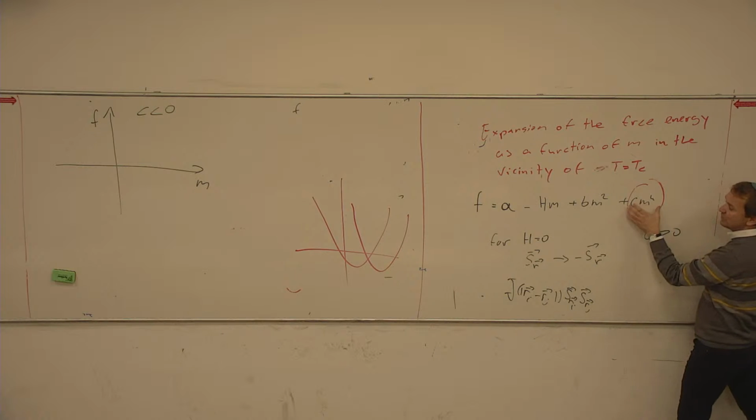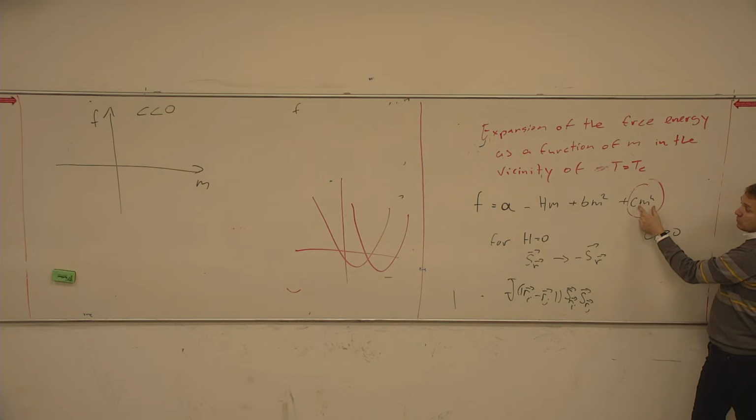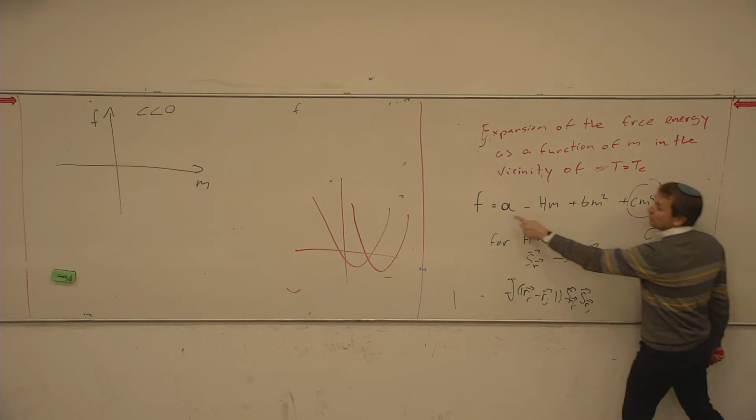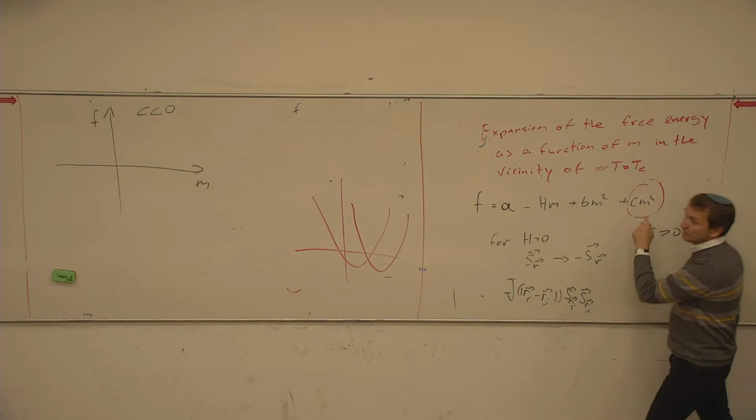For very large M, this is the dominant part, and it does not care about M squared or M or the constant. Now, if this is the dominant part for large enough M, the sign of F for large M is going to be dependent only on this dominant part. So if C is greater than 0, it's going to be positive. If C is less than 0, it's going to be negative.